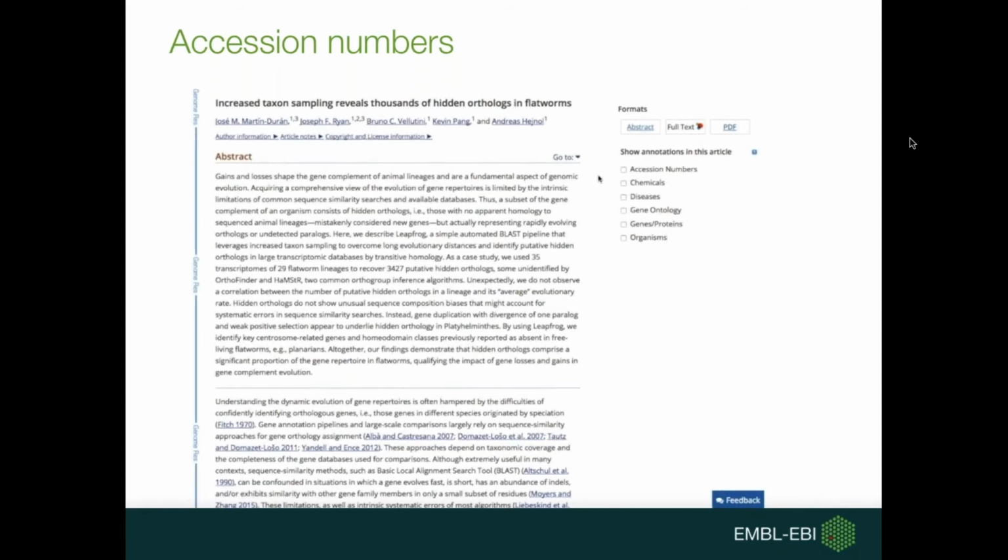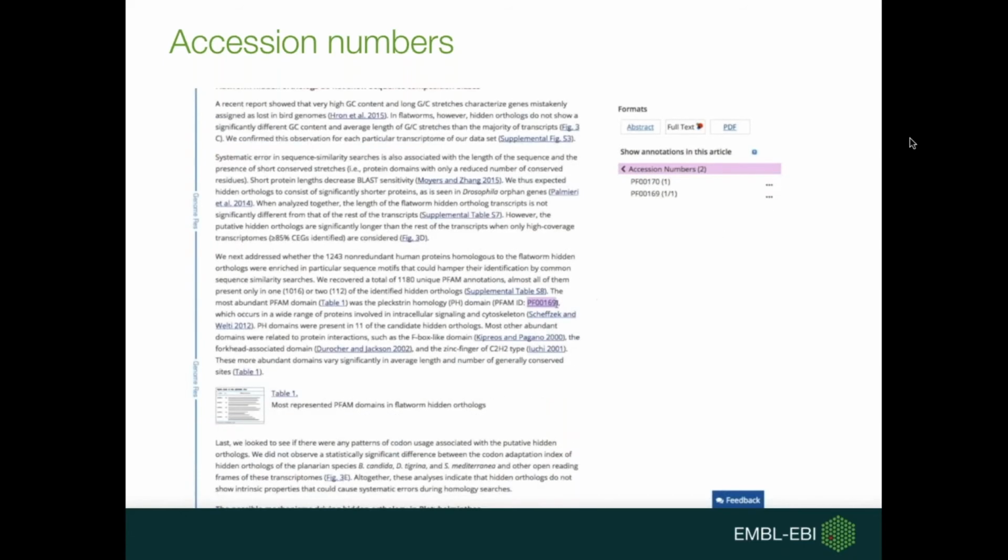Accession numbers are yet another type of Scilite annotations. They are especially useful because they allow you to quickly get to the data mentioned in the paper, be it protein structure coordinates or sequencing results for biopsy samples. Here, in this example, you can find a reference for a PFAM record for a protein domain in the text.